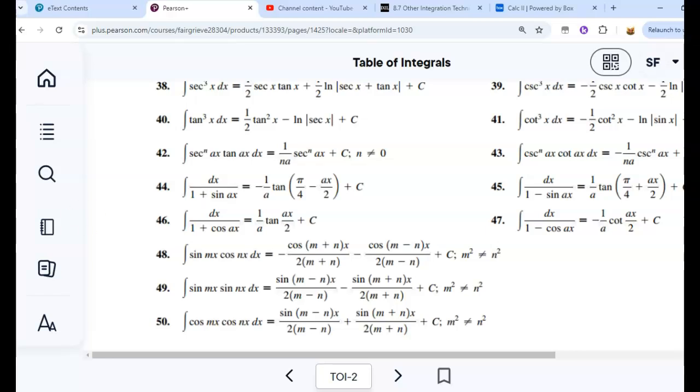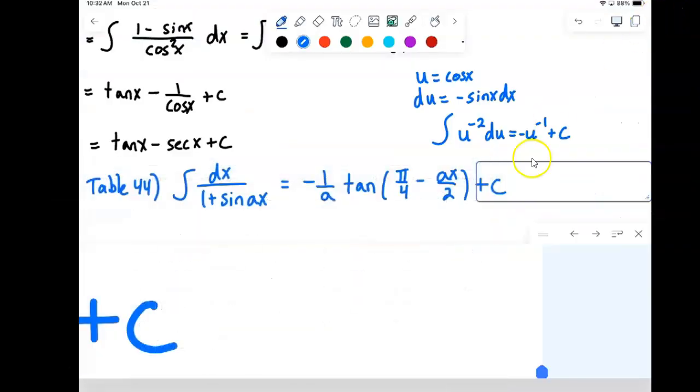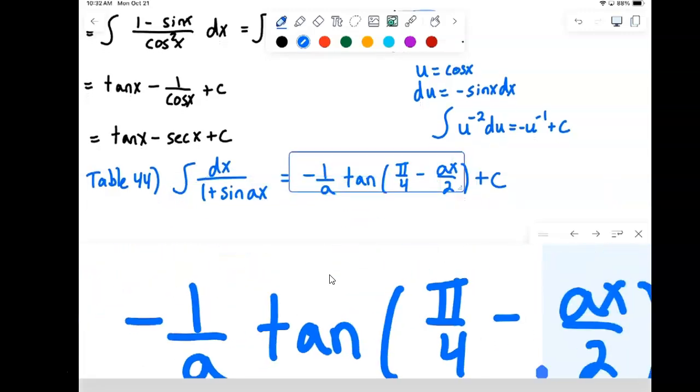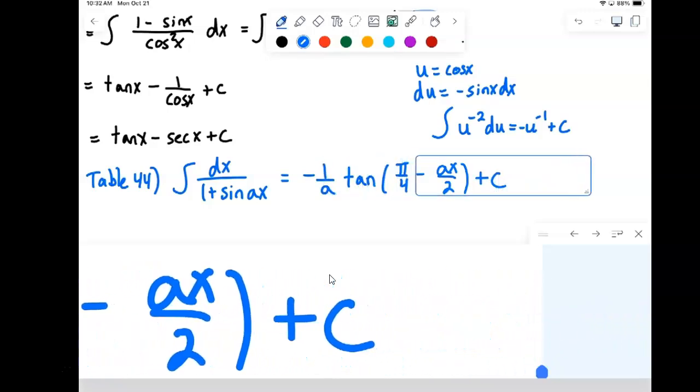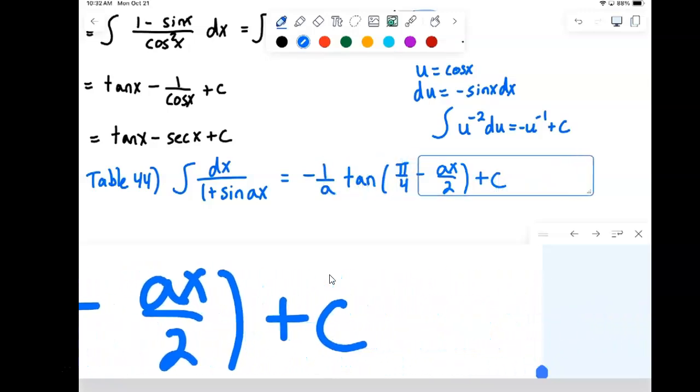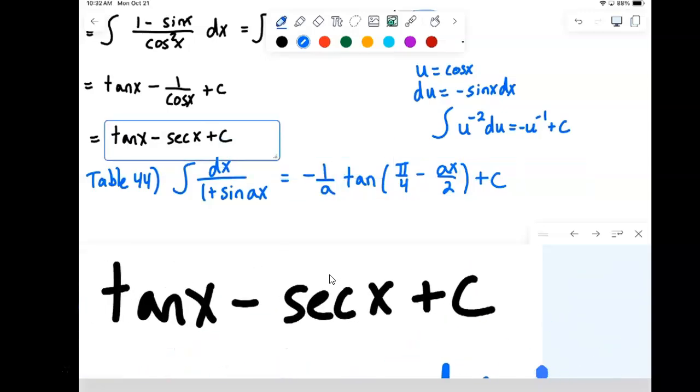So I'm just taking that formula, number 44, as it is, and putting it down here. Integral of dx over 1 plus sine ax is negative 1 over a tangent of pi over 4 minus ax over 2. Okay? So we're going to use that formula.